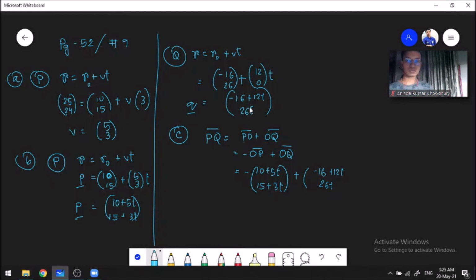Not 26t, only 26, my bad. Now 10 minus 16, that is minus 26, minus 5t plus 12t, that is plus 7t. So minus 15 plus 26, it is 11, minus 3t.